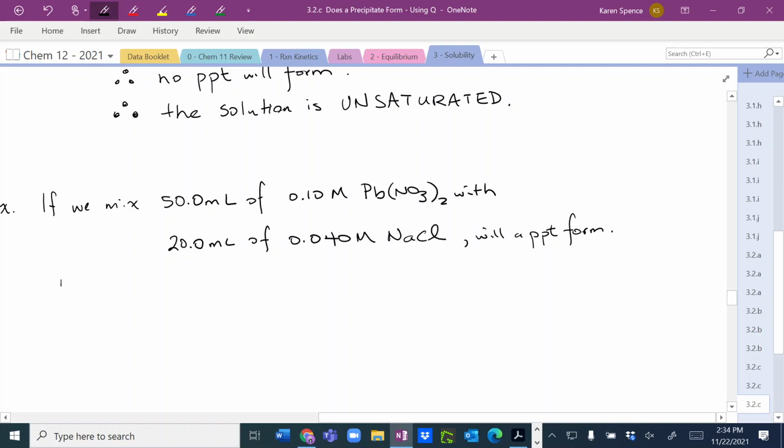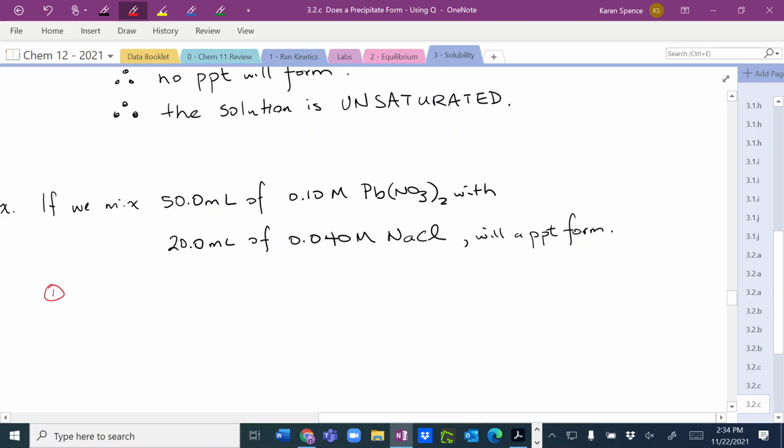Step number 1. I thought I selected red. There we go. What is step number 1 in a question like this? Yes. Identify the precipitate. So many students fail to do that, and then they get totally lost in the question because they don't even know what substance they're dealing with. Yes?